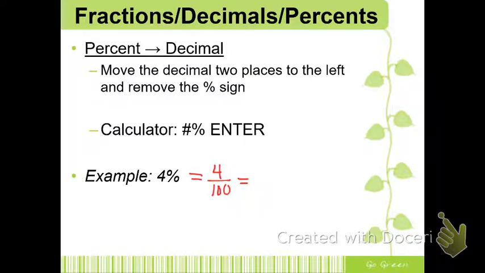Or you might remember the trick where you can move the decimal spot 2 spaces to the left. And either way, whether you use your calculator or you move the decimal, you're going to get 0.04, being the same thing as 4%.